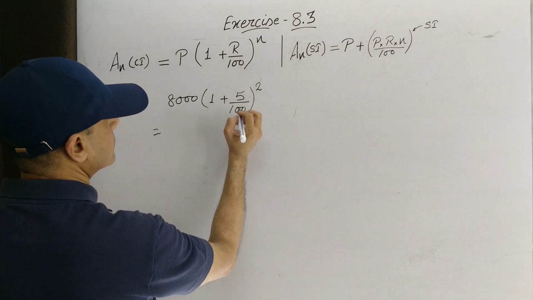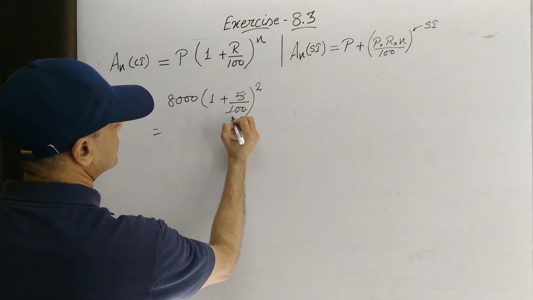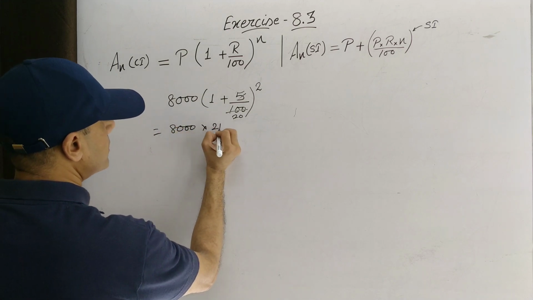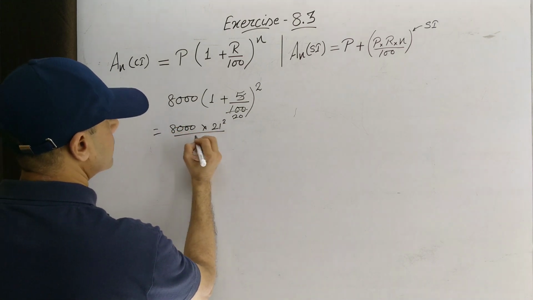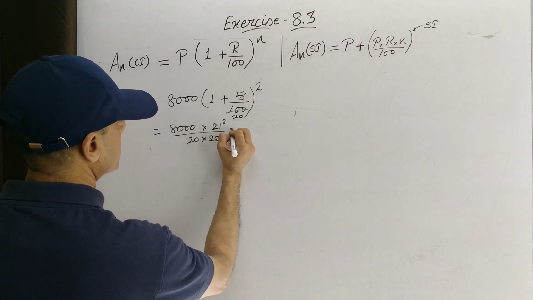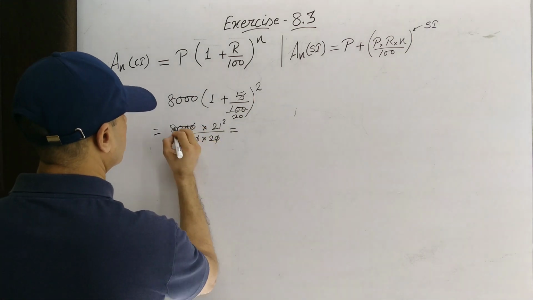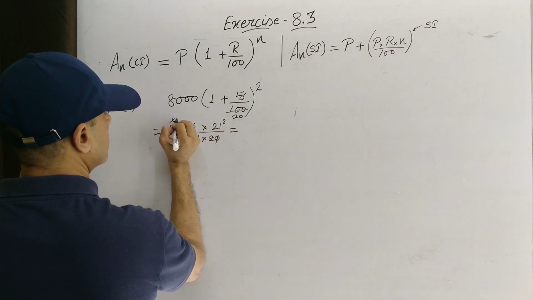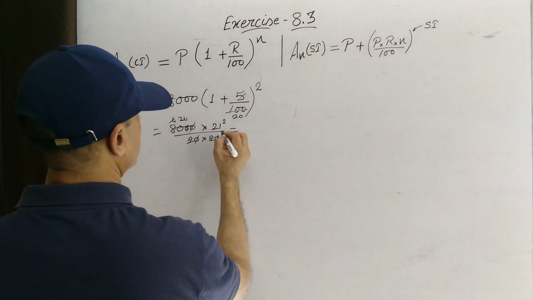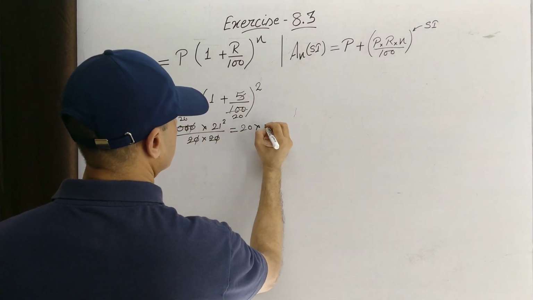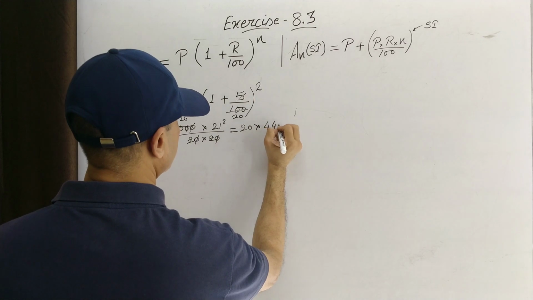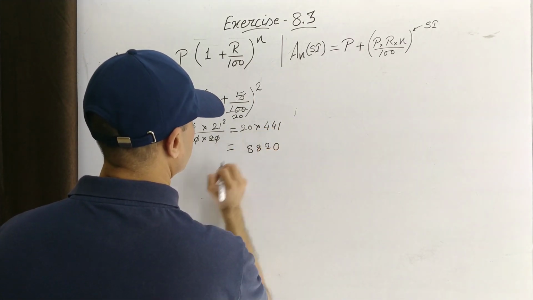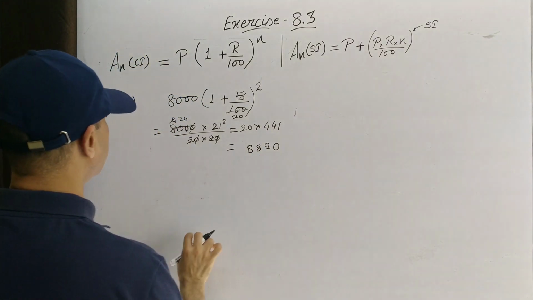So we have 8,000 into 21 square divided by 20 into 20, is equal to 20 into 21 square, that is 441, and we get this value as 8,820 rupees.